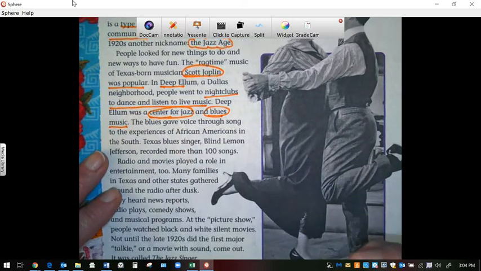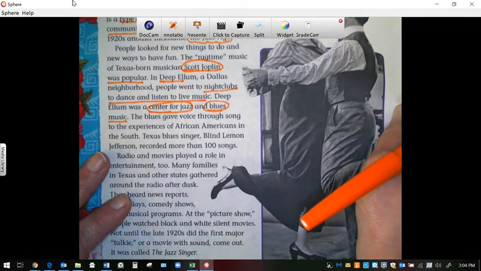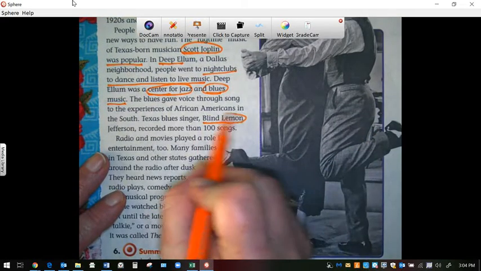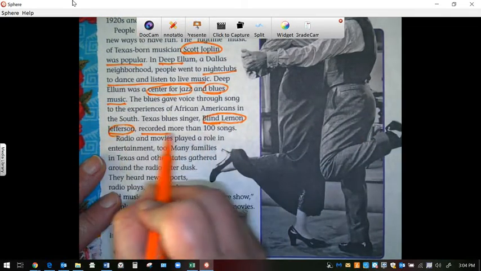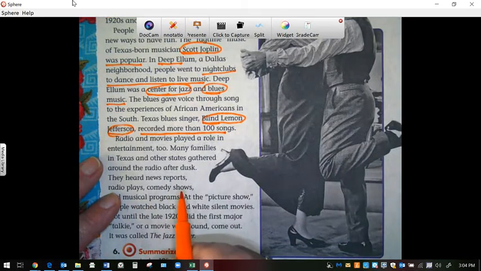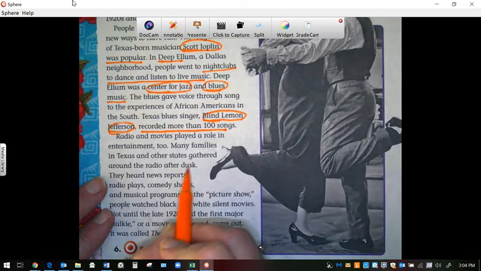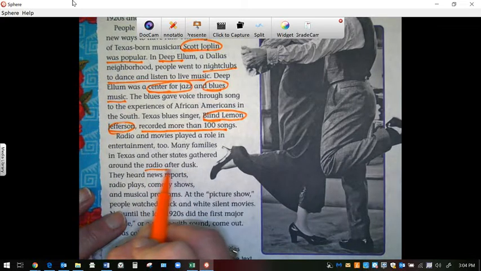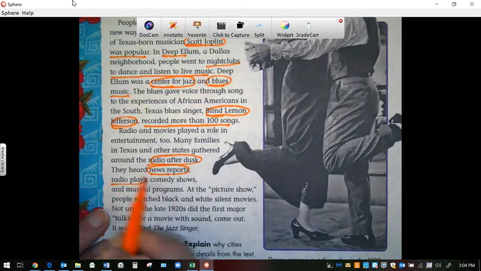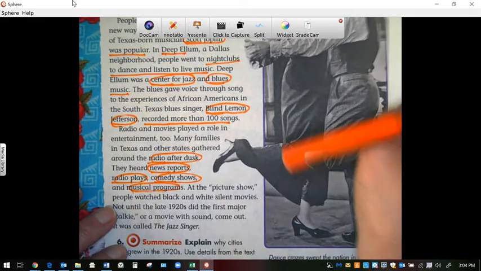The blues gave voice through song to the experiences of African Americans in the South. Texas blues singer Blind Lemon Jefferson recorded more than 100 songs. Radio and movies played a role in entertainment. Many families in Texas and other states gathered around the radio after dusk. They heard news reports, radio plays, comedy shows, and musical programs.